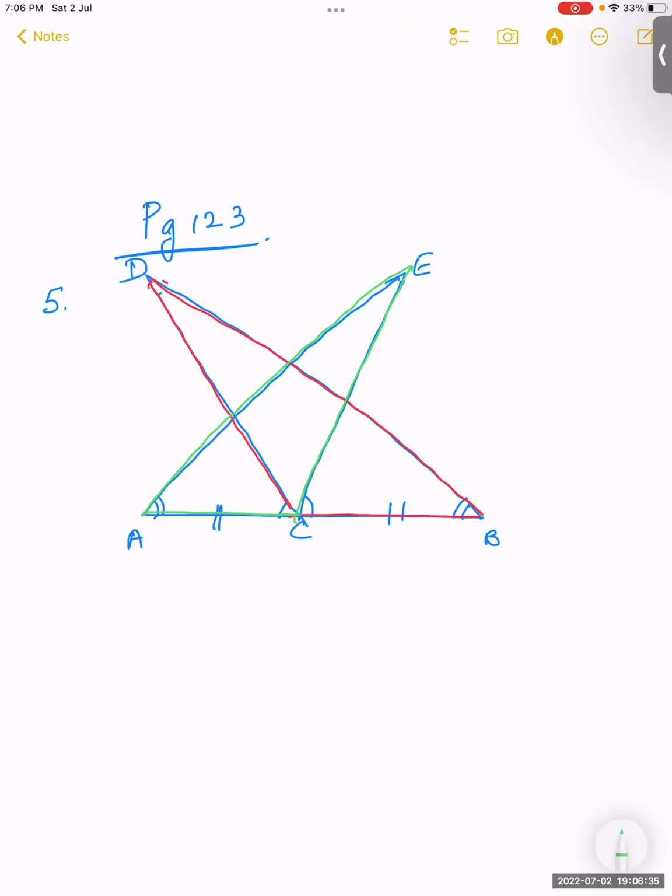Second, look at angle A and angle B. Angle A belongs to triangle ACE, whereas angle B belongs to triangle BCD, right? So two things are there. Now you need one more thing. One more piece of information is required to prove the congruency, right? Are you all with me? Yes, ma'am.